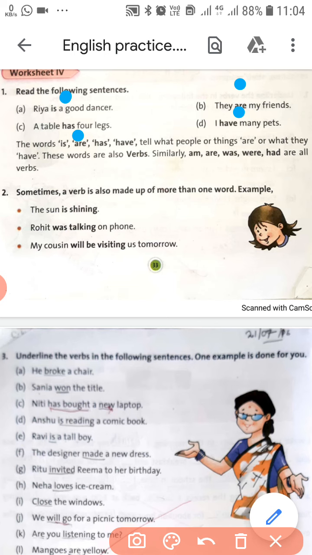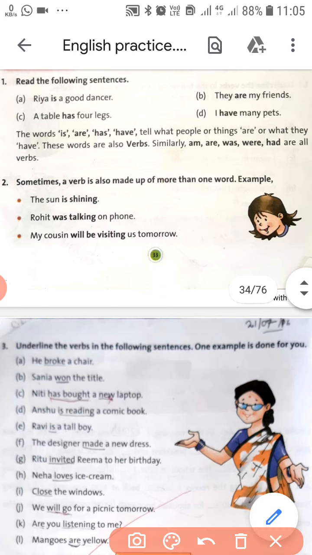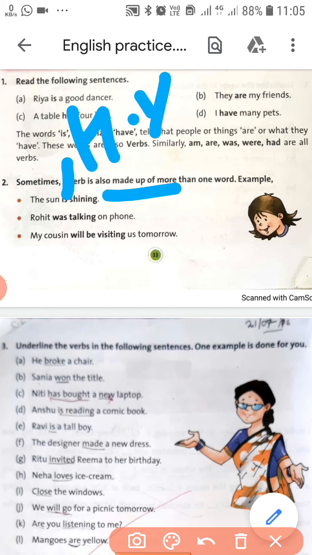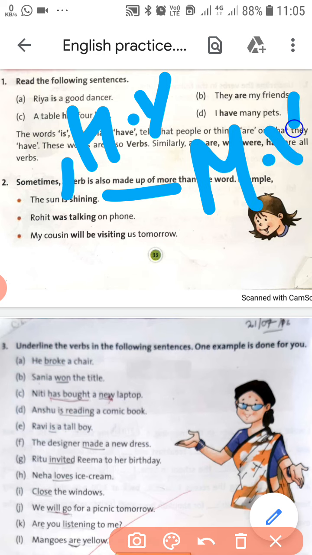Now somewhere you will see sentences having two verbs, like is shining, was talking, will be visiting. Here will acts as a helping verb, and this acts as the main verb.